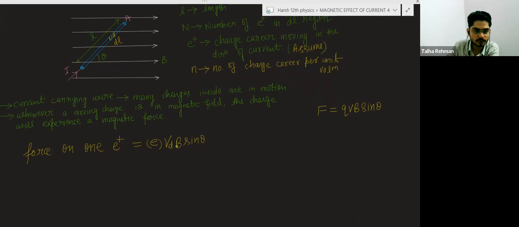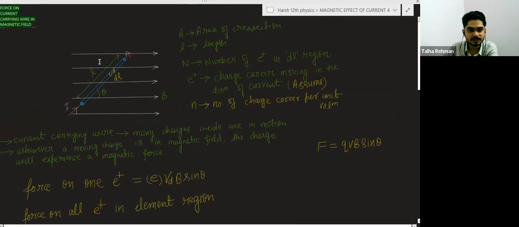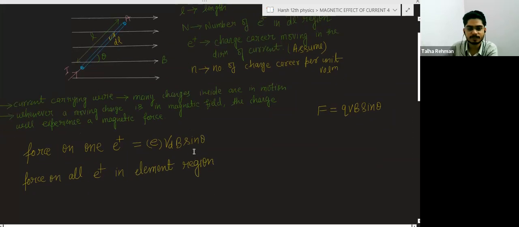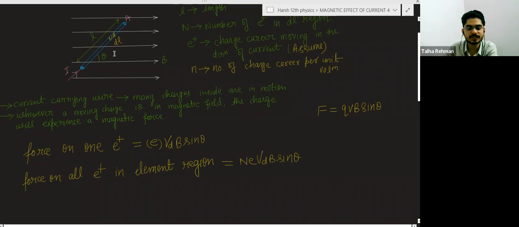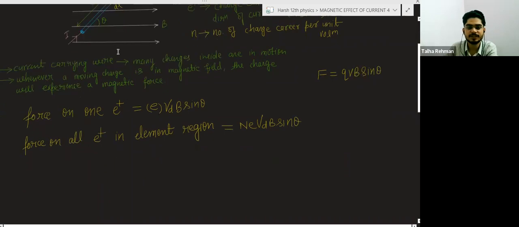So the force on all e positive in the elemental region is equal to N times e into Vd into B into sine theta.